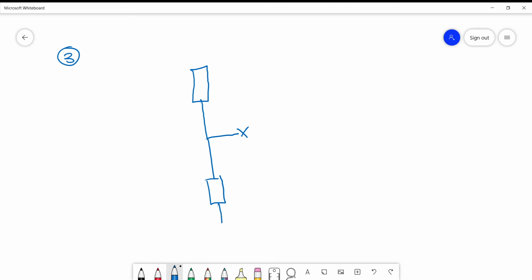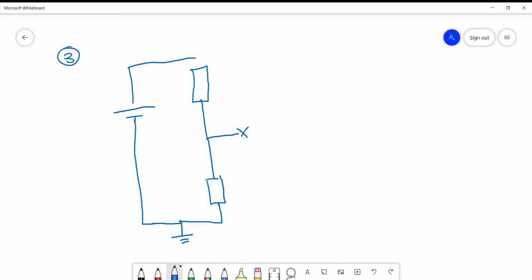Moving on, we have this point which is connected to the earth, and this is connected to the battery. This one should be shorter, since this one is the negative terminal and this is the positive terminal.